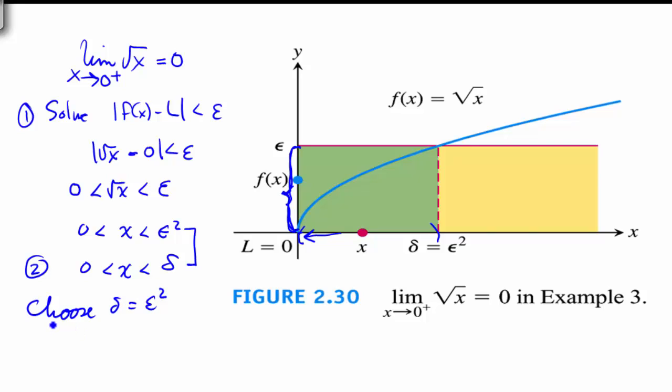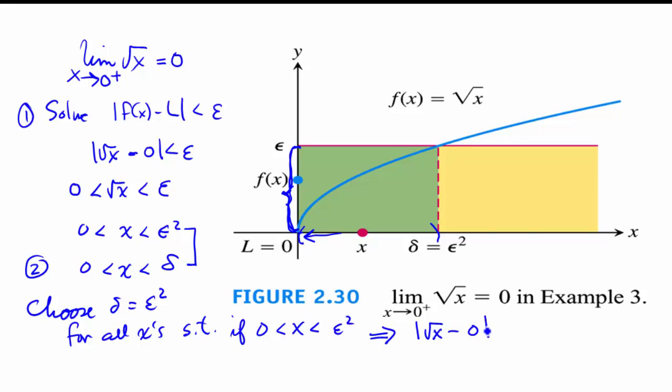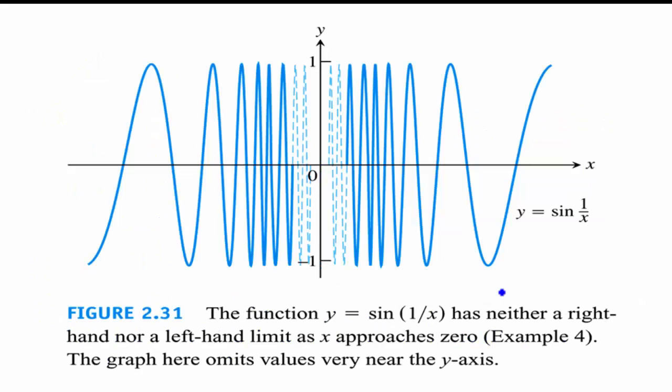So that if we choose this, then for all x's between 0 and epsilon squared, it implies that the absolute value of square root of x minus 0 is less than epsilon. What we've done here is show the proof that the limit of the square root of x as x approaches 0 coming from the right is equal to 0.